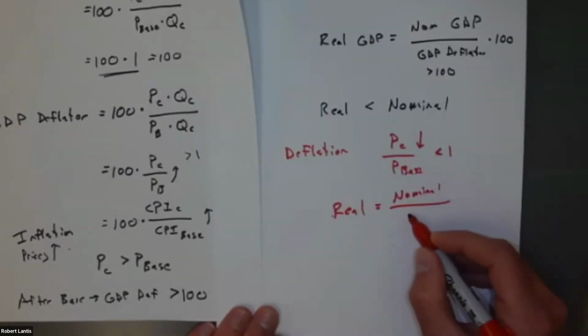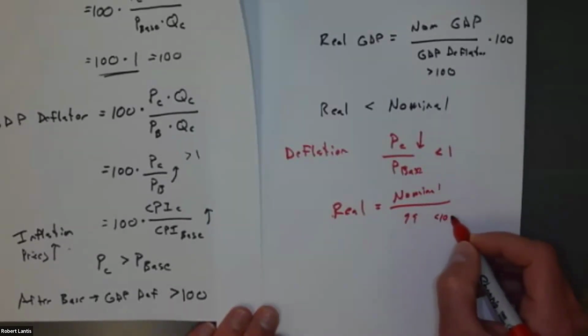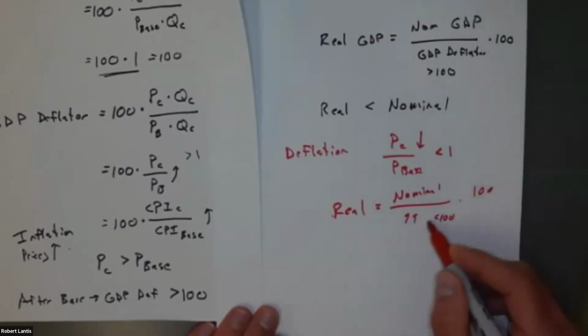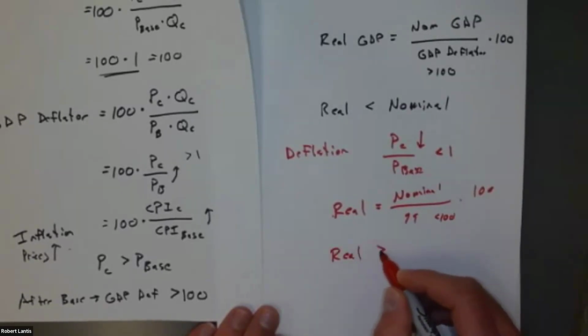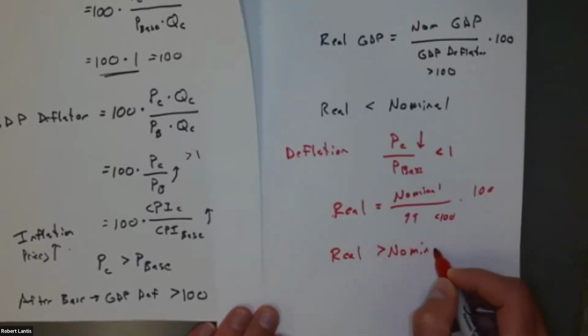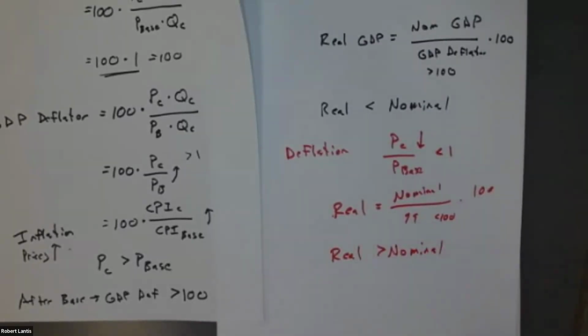So this is going to be 99 or something less than 100, times 100. This fraction is now greater than 1, which would imply my real GDP is now greater than my nominal GDP. So if I have deflation, real GDP in the next time period will be greater than my nominal GDP.